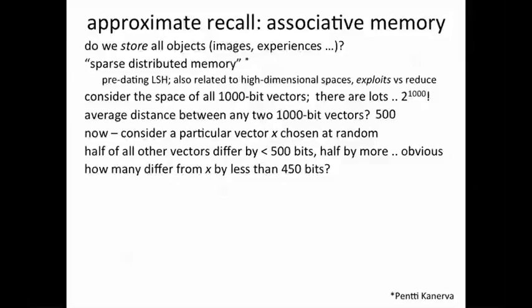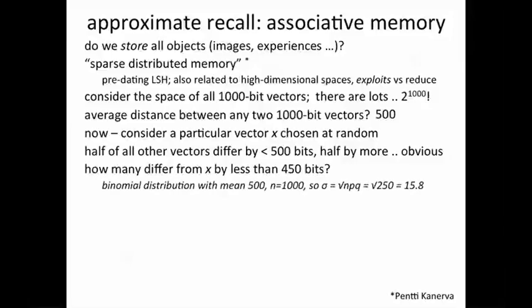So if we toss a coin, and if the coin comes up heads, we assume the other vector differs from x, and otherwise it doesn't. So we toss 1,000 coins and figure out what's the chance that we'll have less than 450 heads. Actually, it's quite a small chance.